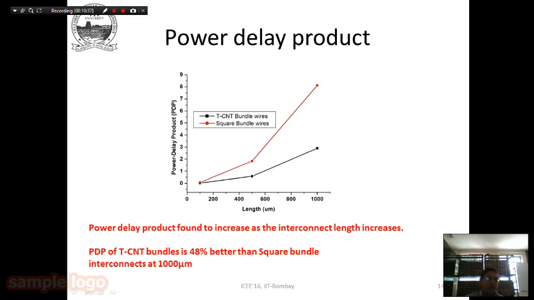The power delay product increases as the length increases, obviously, and the power delay product is far lesser than for the square bundle wires. It shows that triangular CNT bundles have around 48% lesser PDP than square bundles at 1000 micrometers, which is an encouraging factor.